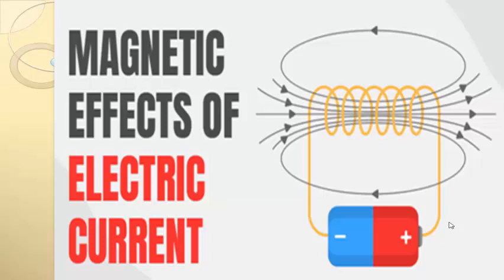When a current flows through a conductor, a magnetic field is set up in the region surrounding the conductor. This effect is known as the magnetic effect of an electric current. It was first demonstrated by the Danish physicist Ørsted in the year 1820.